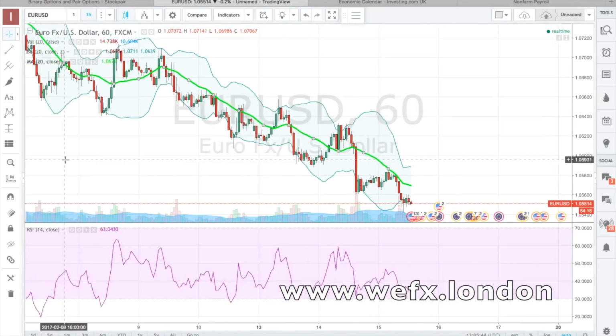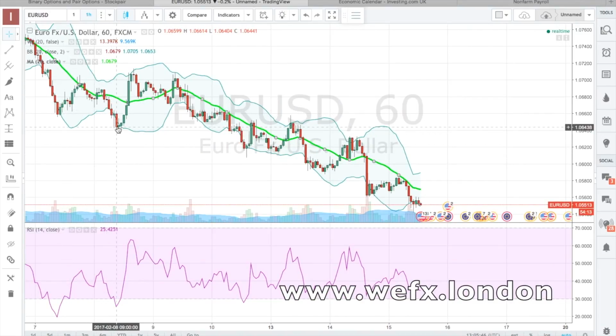So the price has been dumped so much, it's come out of the Bollinger Bands, the RSI has dropped below 30, and traders say, we've driven the price down a bit, we need to raise it back up. So then they start buying it.